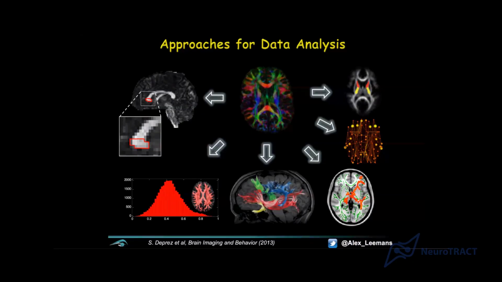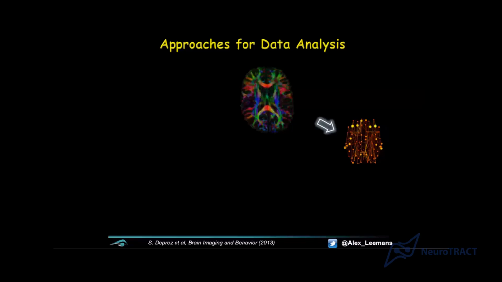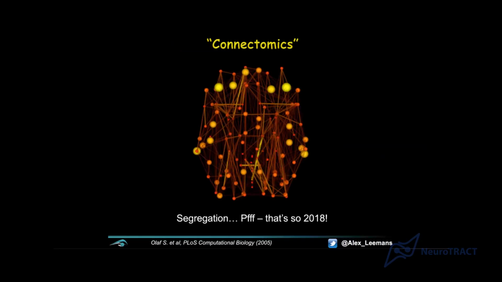All right. Now we're entering the final stage of this lecture. It's the different approaches for data analysis, and this is something that we'll also touch upon in the hands-on session. One of the most fashionable nowadays is looking at the brain as an integrated network of connections, and this is called connectomics.